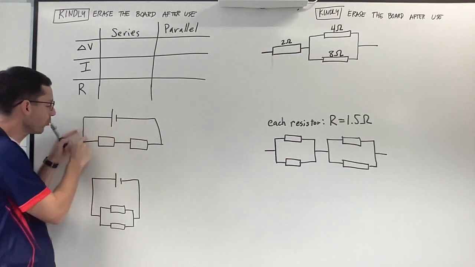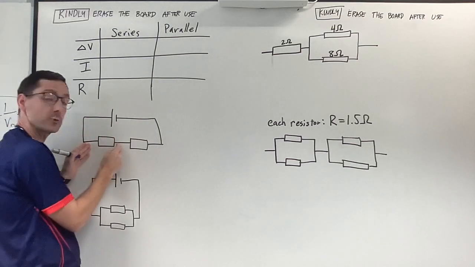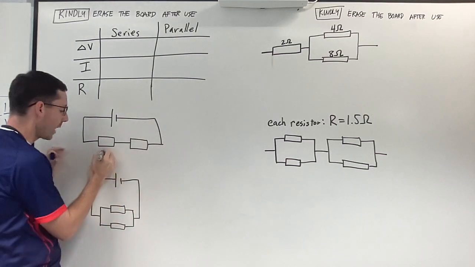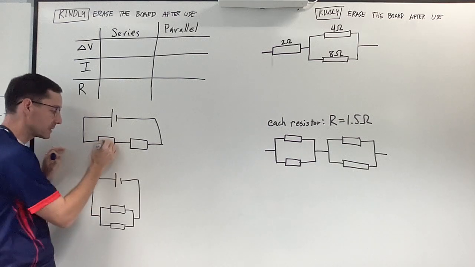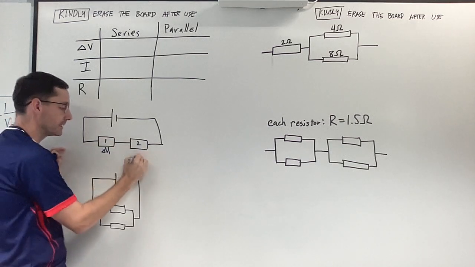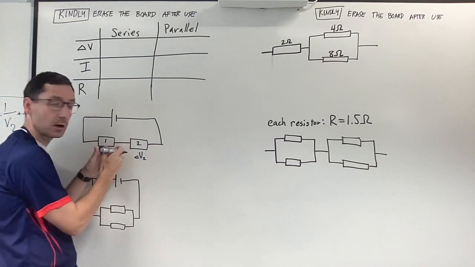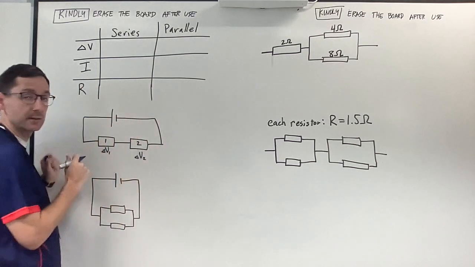We said we are not losing any potential in the wire, but as we go through the resistors, we have a certain amount of potential difference. So I'm just going to say that this is delta V1 because this is resistor 1, and delta V2. So we lose a certain amount of potential here, we lose a certain amount of potential there, and then we go back to the beginning.